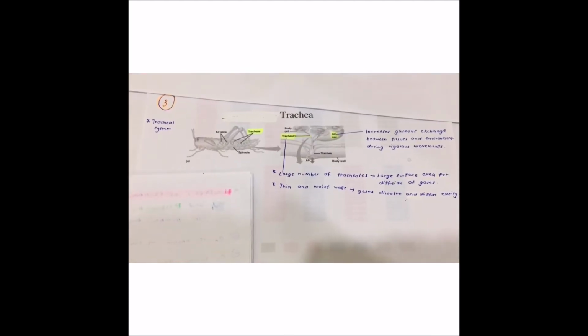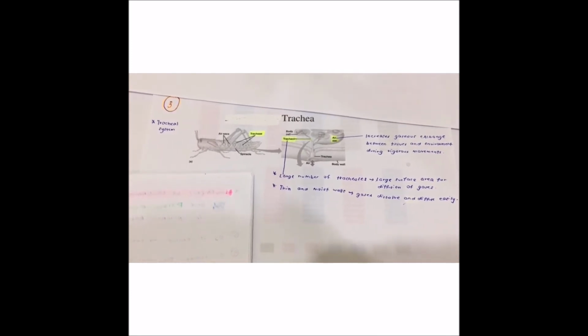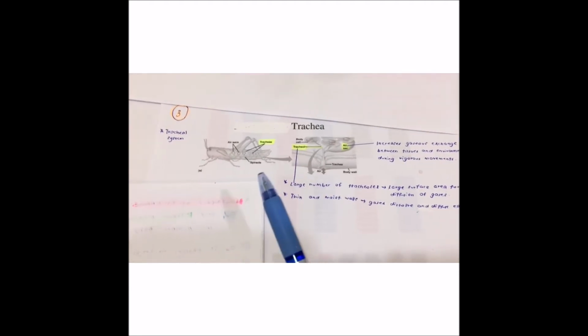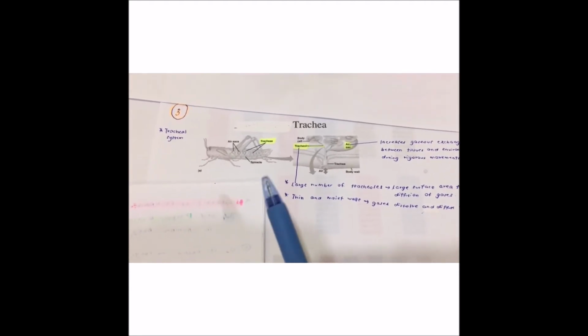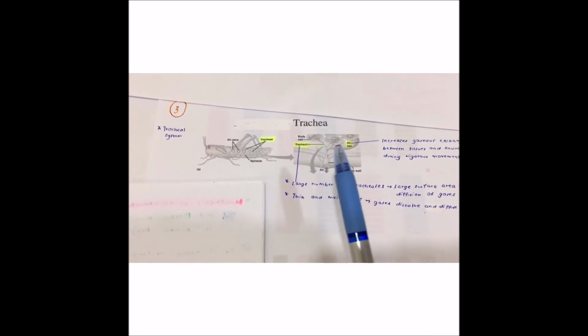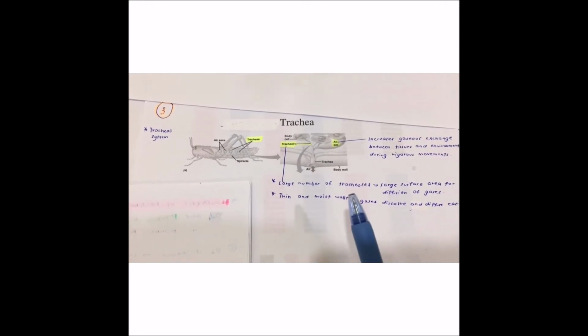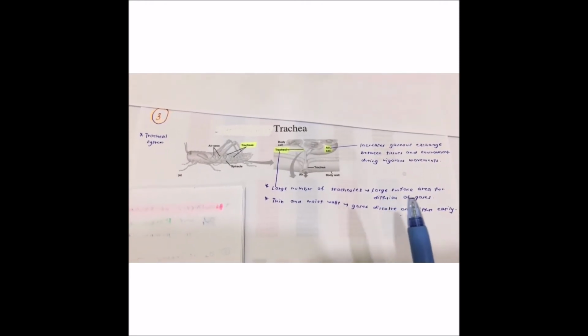The respiratory structure of insects is known as the tracheal system. Gases exchange in insects occurs through the tracheae. What are the adaptations of tracheae for gases exchange? The large number of tracheae provide a large surface area for the diffusion of gases.